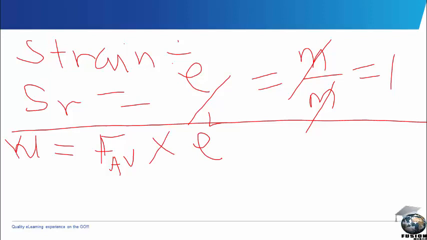Formally we say that work done is force times displacement. But this time, work done is also force, but the force here is the average. That means we will be talking about the first force plus the second force divided by 2.